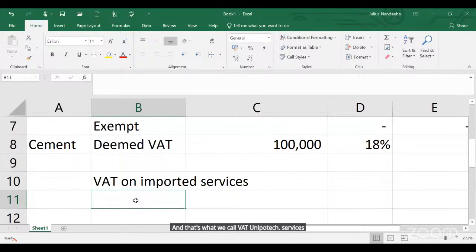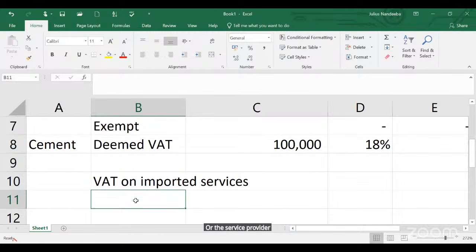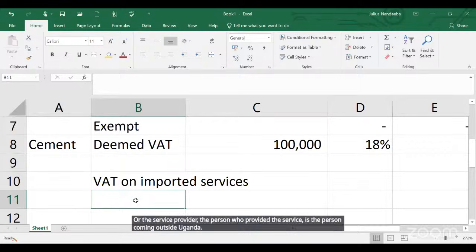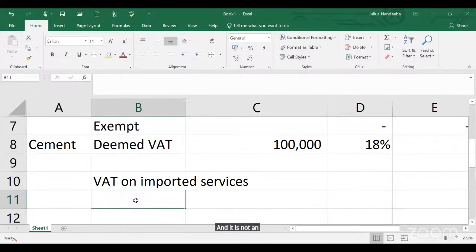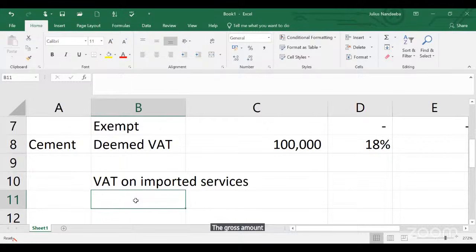So if you're doing a number and they tell you that you imported a service, or the person who provided the service is coming from outside Uganda, and it is not an exempt service, then you're going to calculate 18% of the gross amount of that service, what you pay to the foreign service provider, and that would be your VAT on imported services.